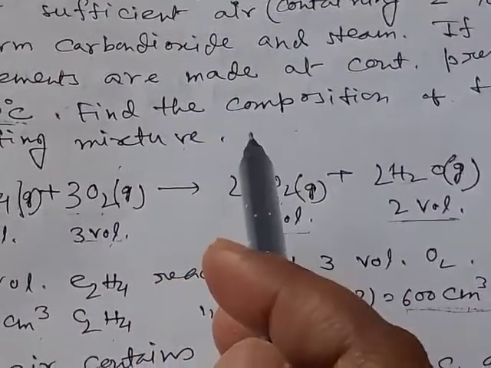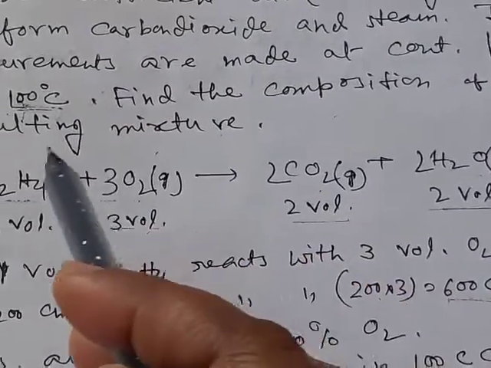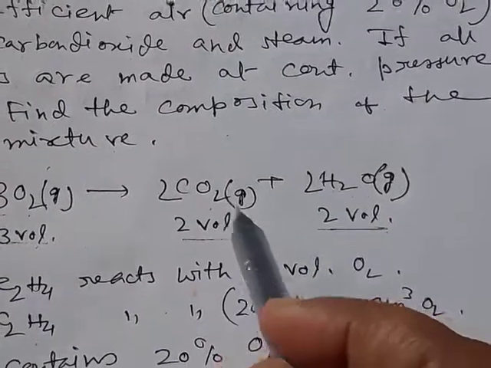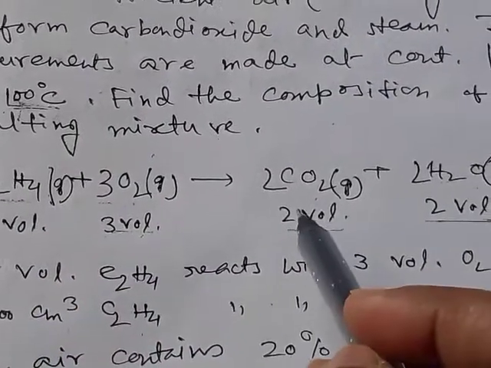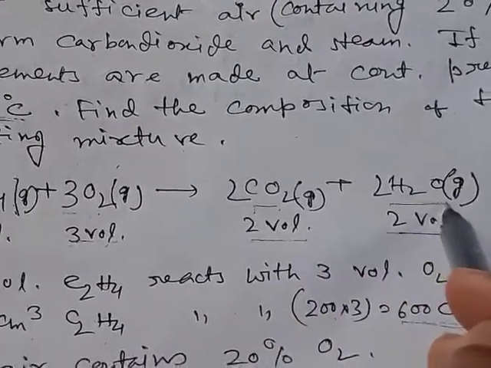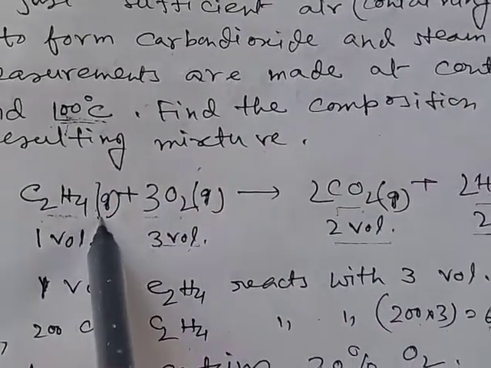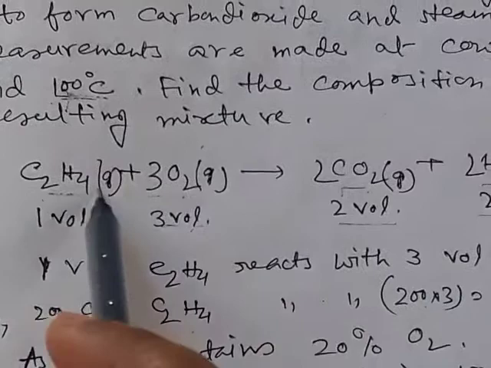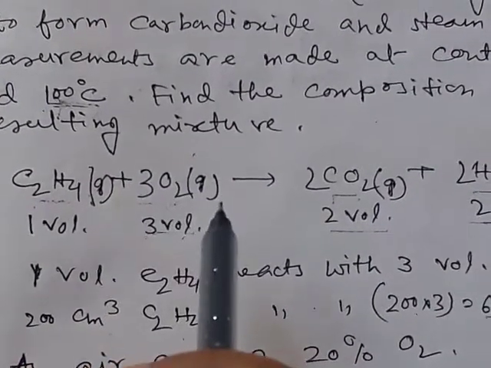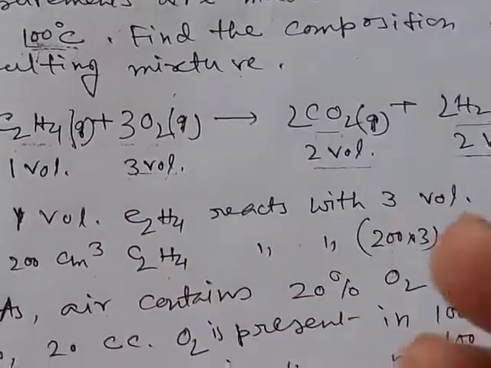Resulting mixture means the mixture obtained after that chemical reaction. So after the reaction we will get the products, that is carbon dioxide and steam. If any reactant is in excess, then we will also get that reactant.